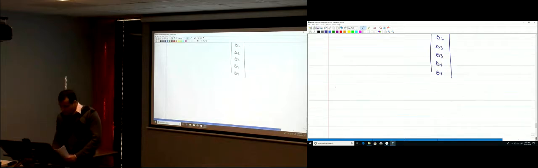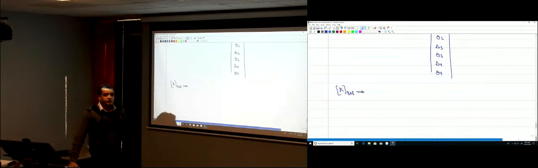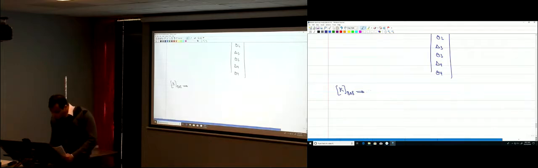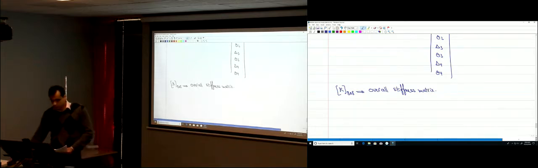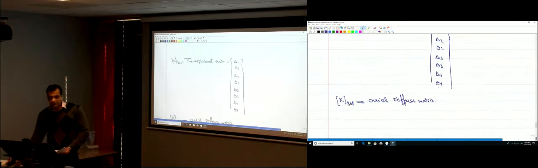And then we have this K matrix. K, which is 8 by 8. Now, this K is for the entire structure. So now we're going to call this the overall stiffness matrix. It's for the entire structure, to differentiate this from what?